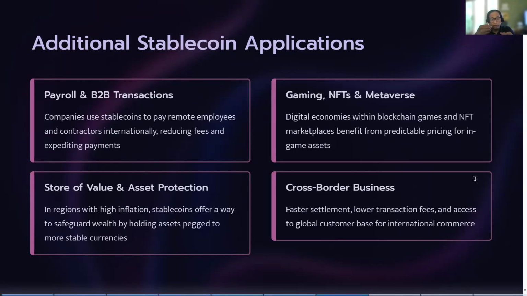And also, there is a store of value associated with stablecoin. If you have Indian rupees, and instead of holding them in Indian currency you want to hold US dollars, you can buy a stablecoin that is pegged to the US dollar and hold it.